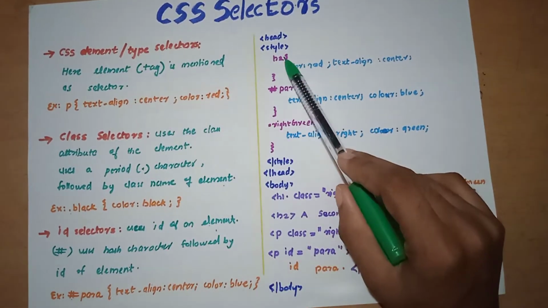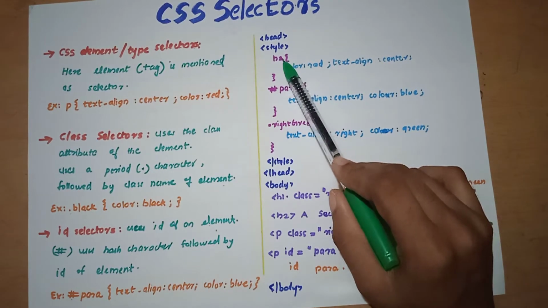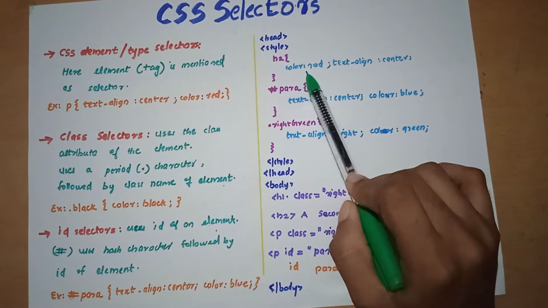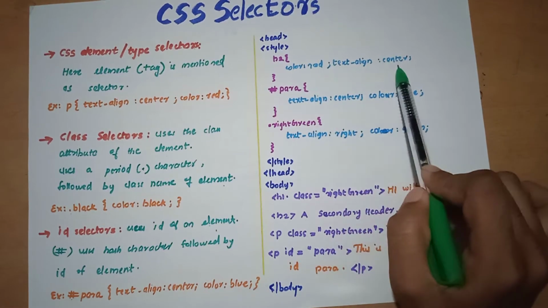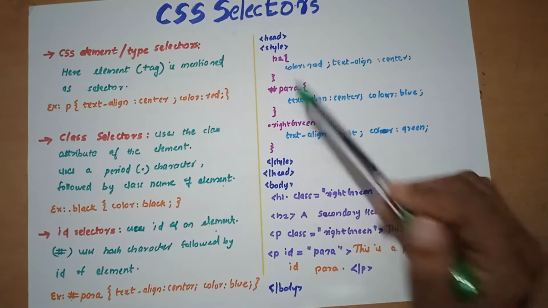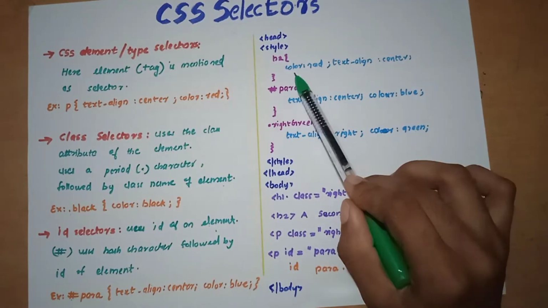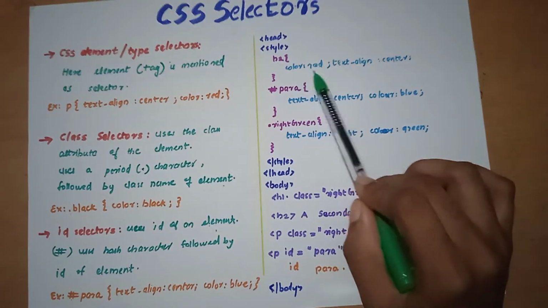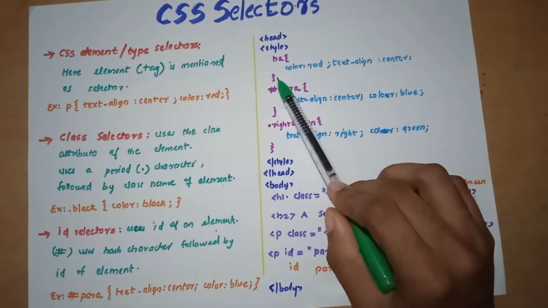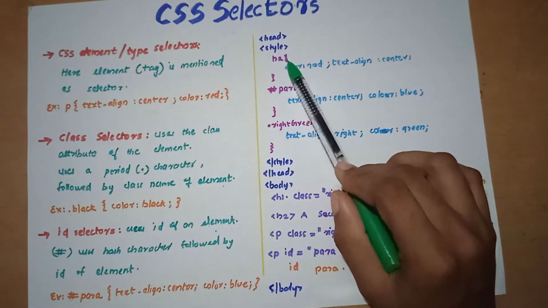We mention the element to be styled, with color red and text-align center. So in our page my h2 should be aligned to the center and have a red color. That's all about the first CSS selector.